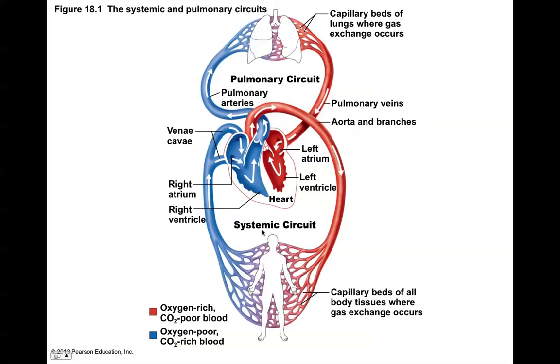With the systemic circuit, blood is pumped from the left ventricle. Nice bright red oxygenated blood from the left ventricle goes out to the body tissues and then will provide those tissues or cells with oxygen and pick up carbon dioxide, and it goes back to the right atrium. So here are the two circuits.